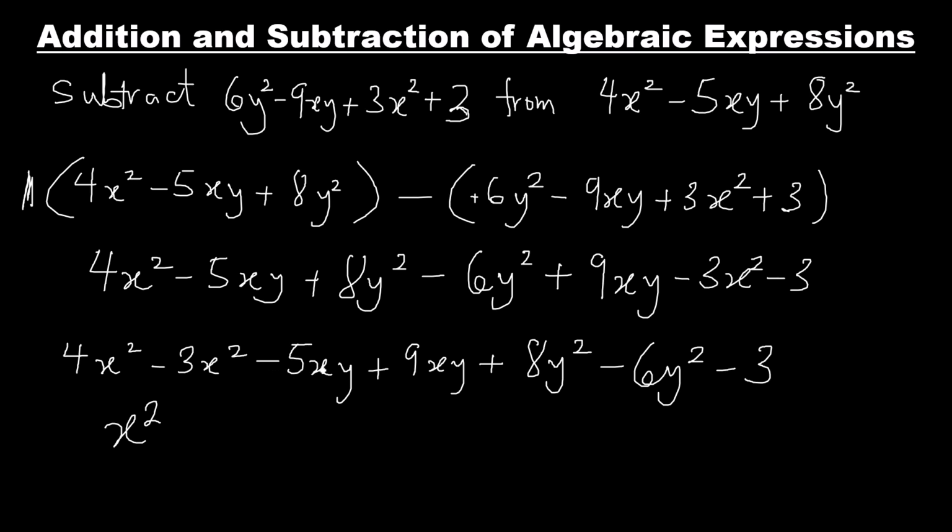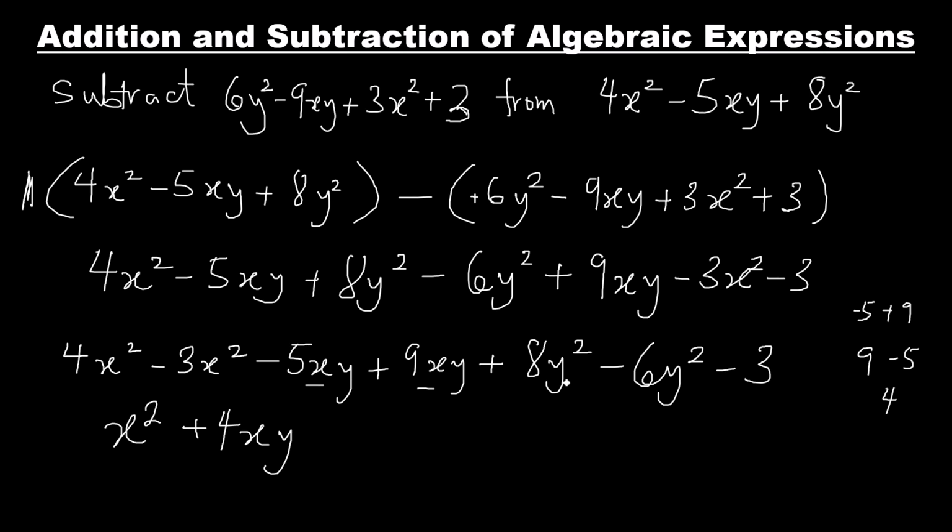Now we have negative 5xy plus 9xy. So negative 5 plus 9 is the same as 9 minus 5. And 9 minus 5 is 4. Yes. So this side will be positive 4xy. I think we are done with this and these two.